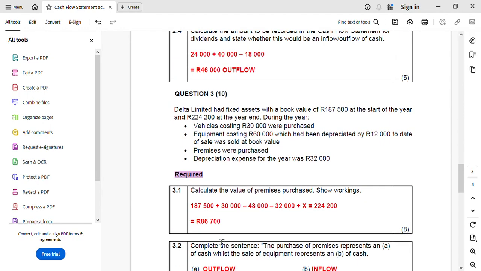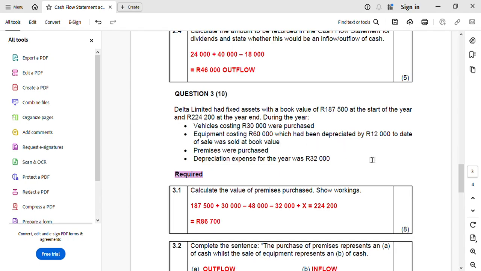Right, then the next one asks you to calculate the value of premises purchased, showing workings. Remember I told you about the importance of showing all your workings for fixed assets. Alright, so we start with the book value or the carrying value at the beginning of the year, which was 187,500. We purchased 30,000 vehicles, so that gets added. Equipment costing 60,000, depreciated by 12,000, was sold at book value.